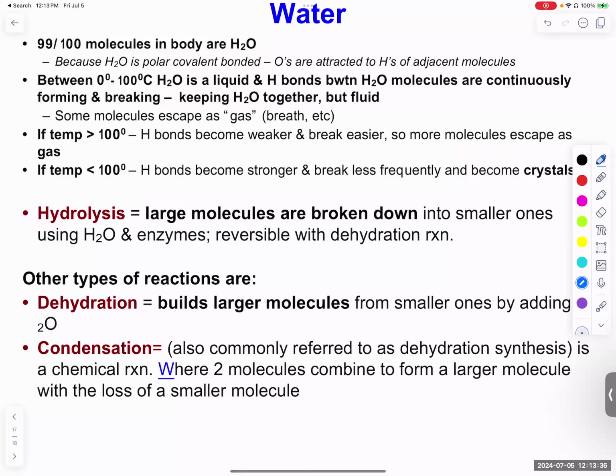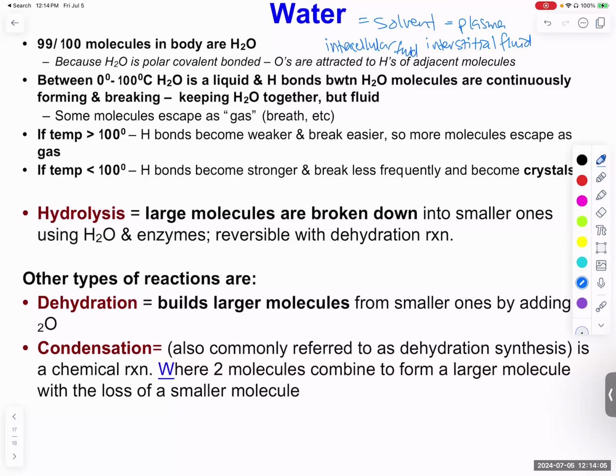Water: we not only use water as our solvent, but plasma, interstitial fluid, and intracellular fluid are all water-based. Water's super important.